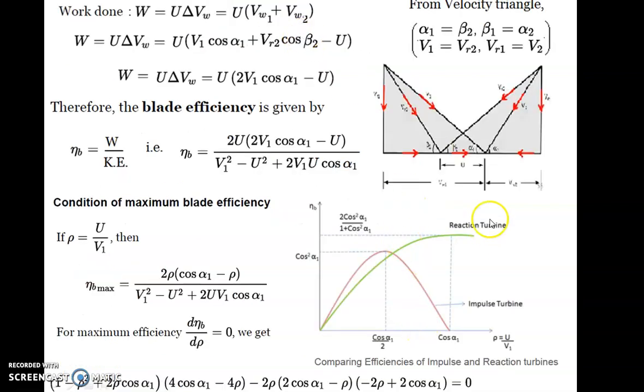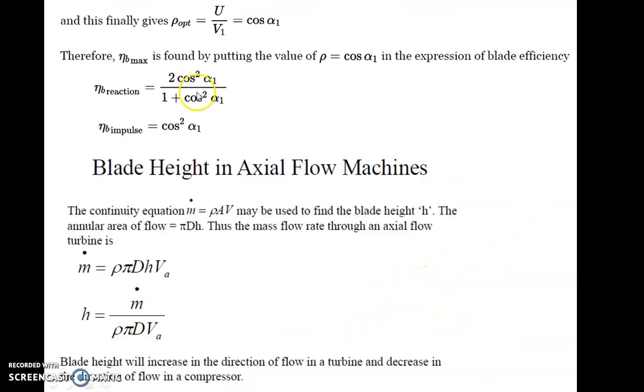At cos alpha 1, you get maximum efficiency as 2 cos squared alpha 1 upon 1 plus cos squared alpha 1. So reaction turbine efficiency is greater than impulse turbine efficiency. That's why most of the steam turbines used in practice are reaction turbines, because of their higher efficiency. This you have to remember. That is the most important point to be discussed here.